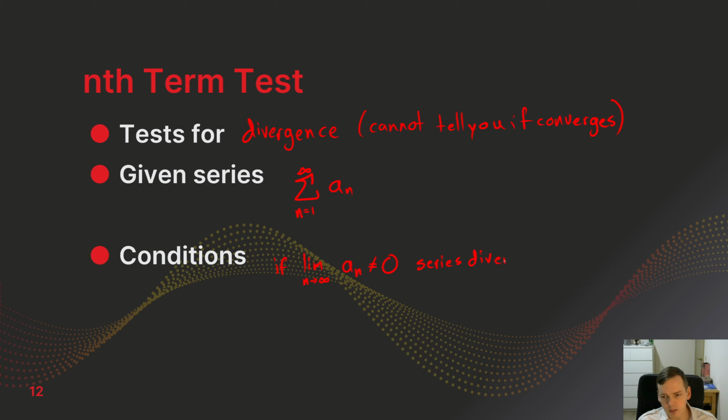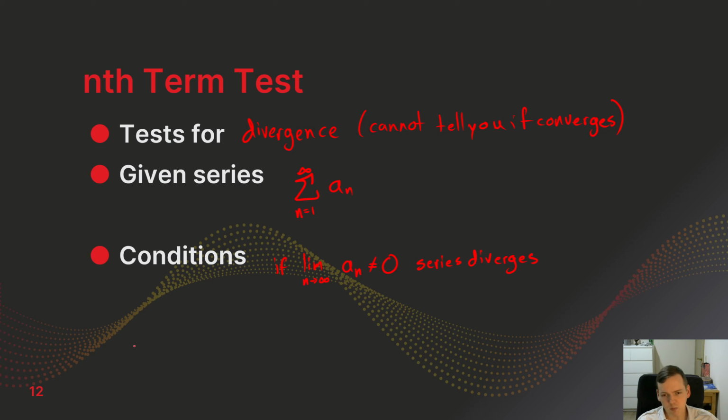In other words, if you go out to infinity and you're still adding some number that's not 0, it's going to diverge. And this makes sense because if you've gotten to infinity, then you're going to add an infinite number more of those terms. And if those infinite terms that you're adding aren't 0, then it's going to diverge.